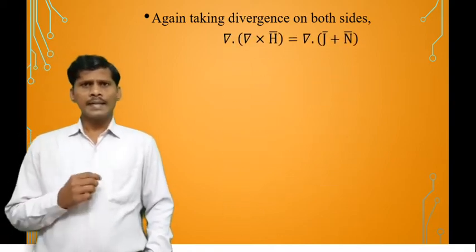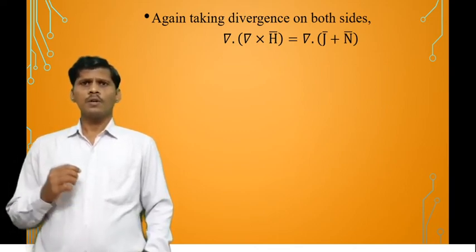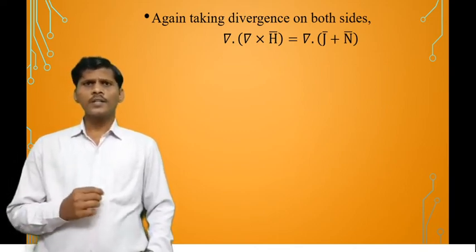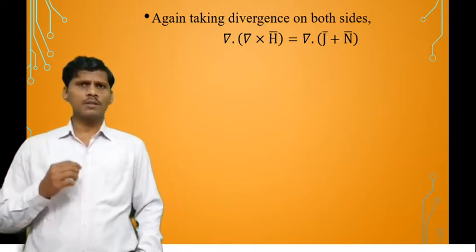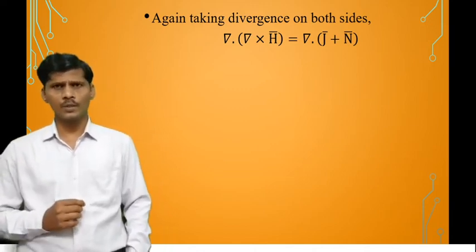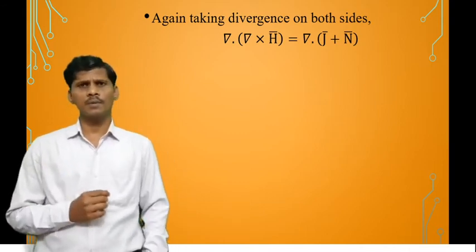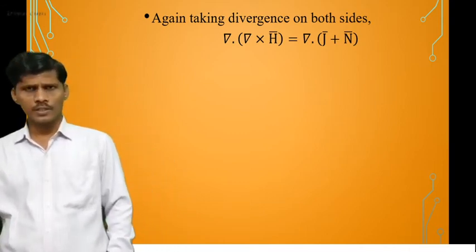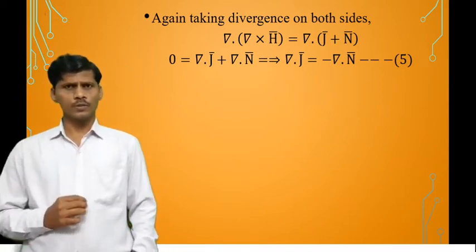We have del dot del cross H bar is equal to del dot of J bar plus N bar. According to vector identity, the LHS term is the divergence of the curl of a vector, that is 0, and on the RHS, del dot of J bar plus N bar is del dot J bar plus del dot N bar. So del dot J bar plus del dot N bar is equal to 0.